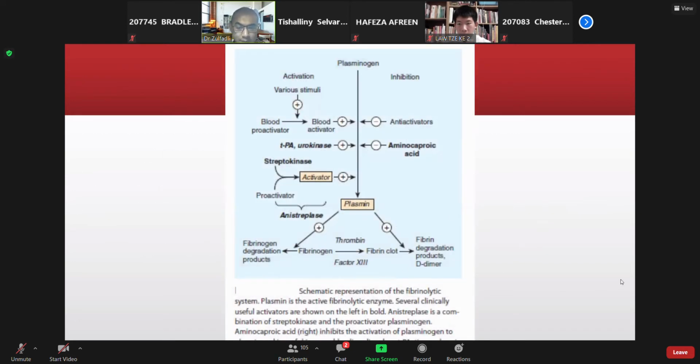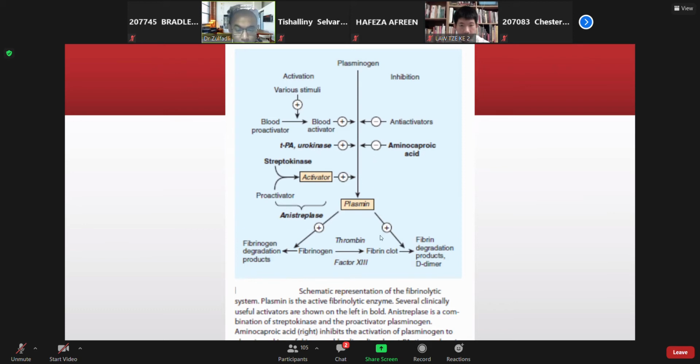So this schematic diagram represents the fibrinolytic system, including plasminogen. Plasmin is the active fibrinolytic enzyme. There are several clinically useful activators, as shown on the left in the boxes.